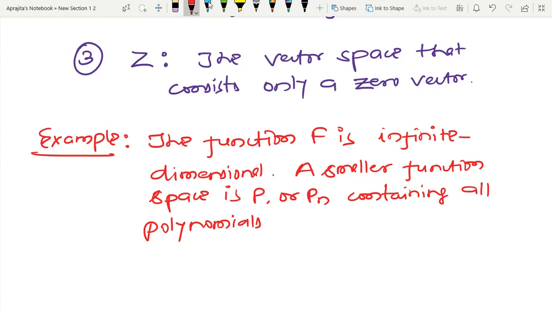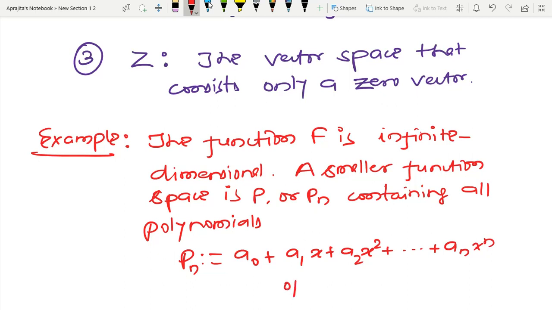Suppose you consider some kind of space where we have polynomials, and I am going to define the polynomials Pn like this: a0, a1x, a2x squared, and so on, plus an x power n, of degree n.